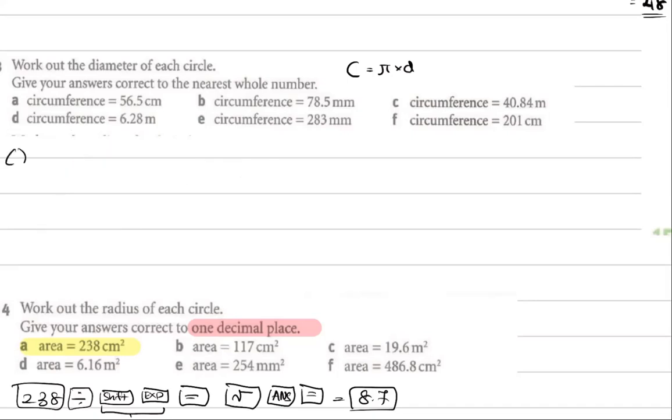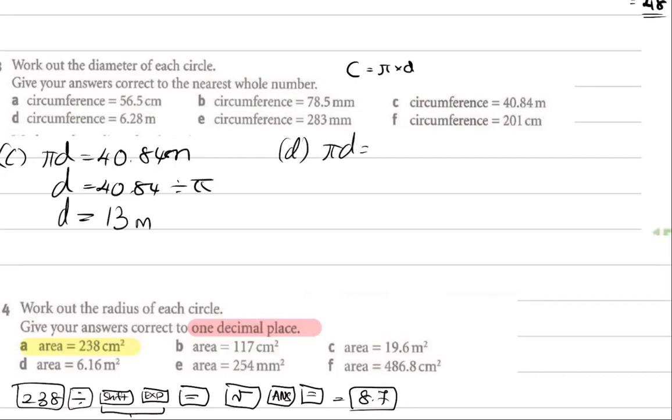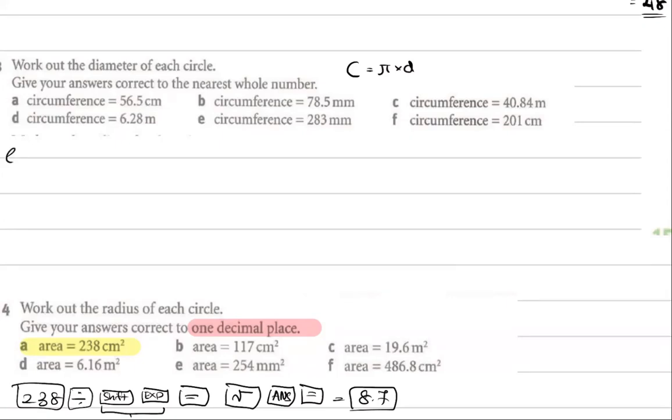Okay, C. D. So the E. Pi d is equal to 6.28. Let's try to get done. Let's get E there.